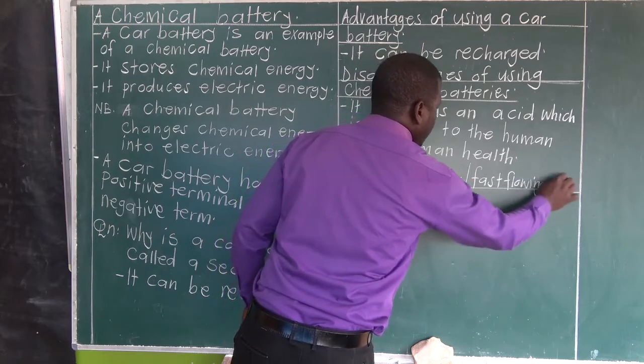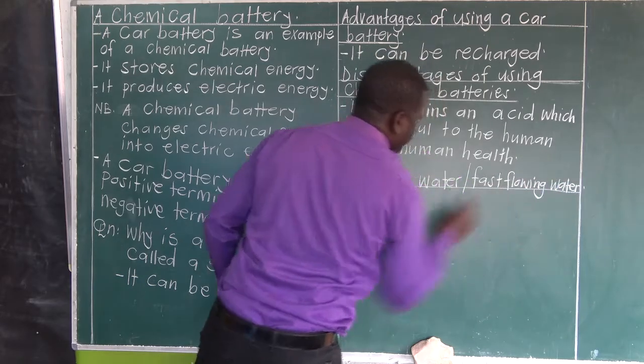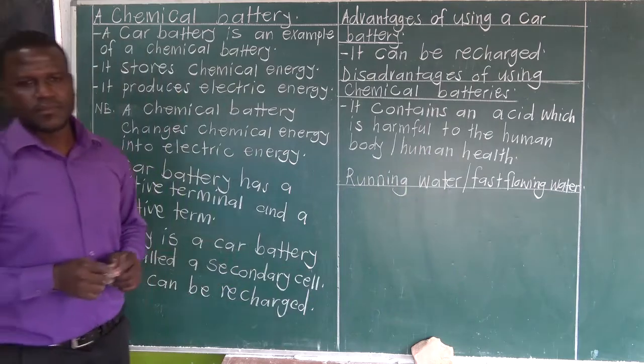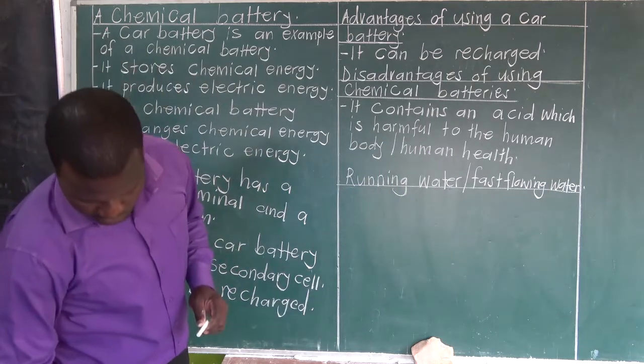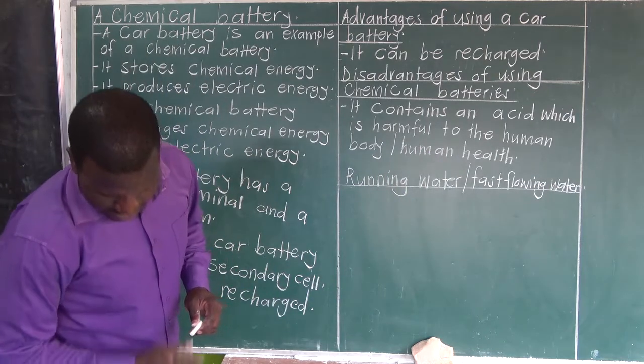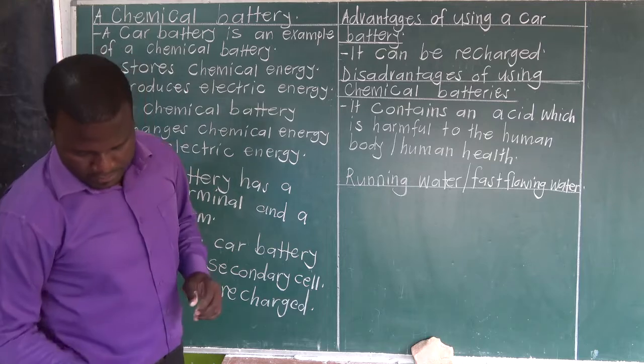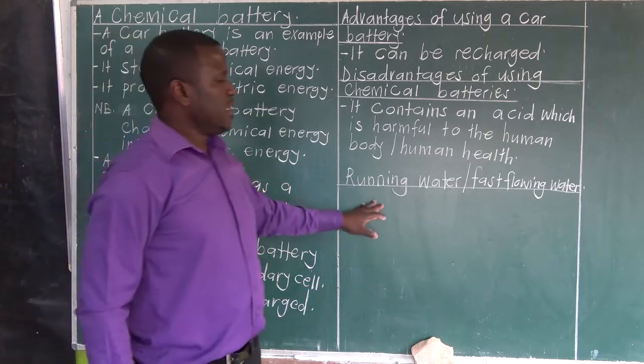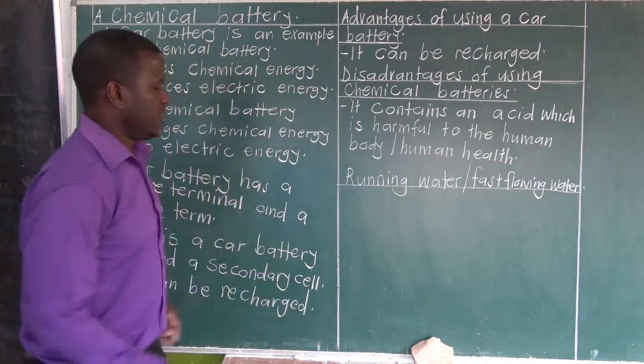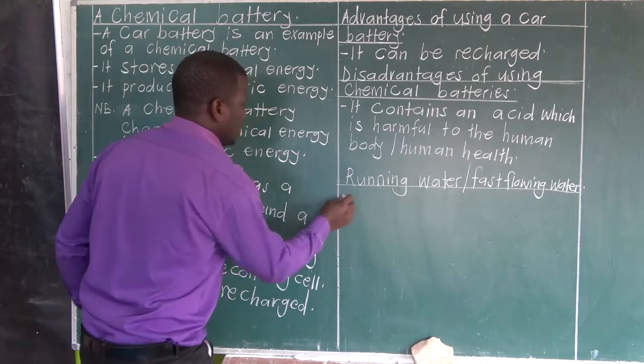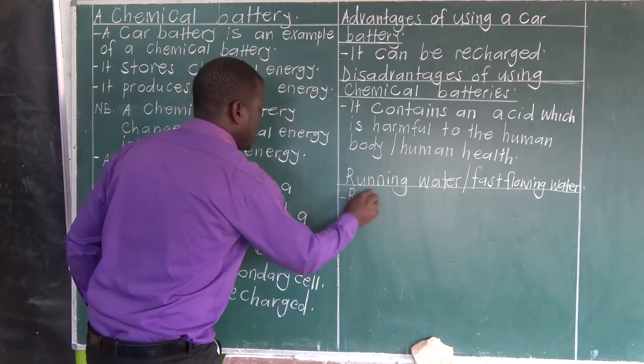Water is a source of electricity, and fast flowing water is used to generate hydroelectricity.